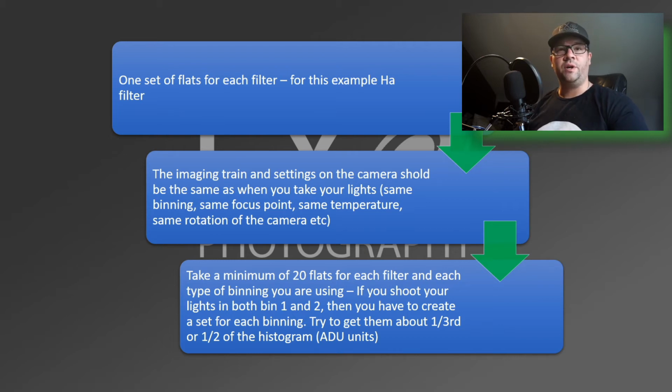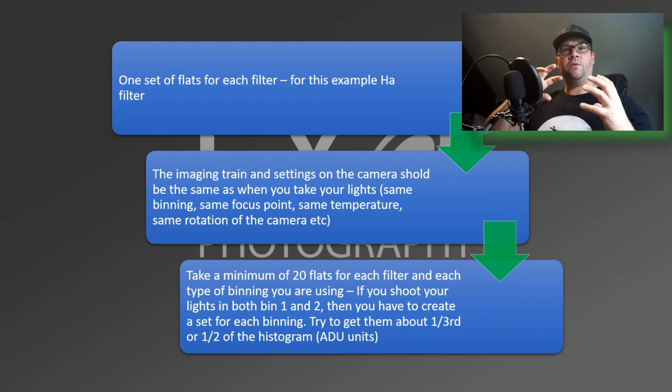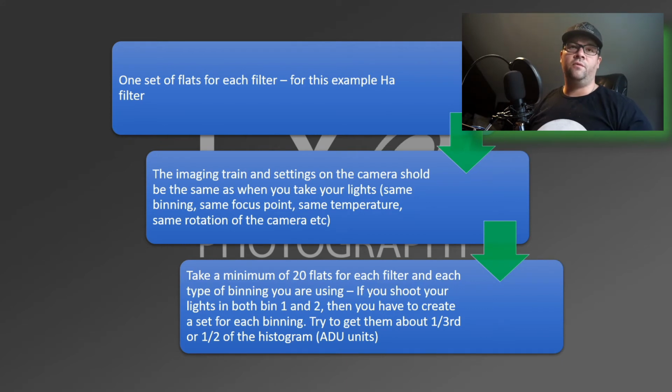The imaging train and settings on the camera should be the same as when you are shooting the light pictures or the real pictures. So if you rotate the camera, you need to take a new set of flat images, because you can then move the alignment of possible dust bunnies on the filters.